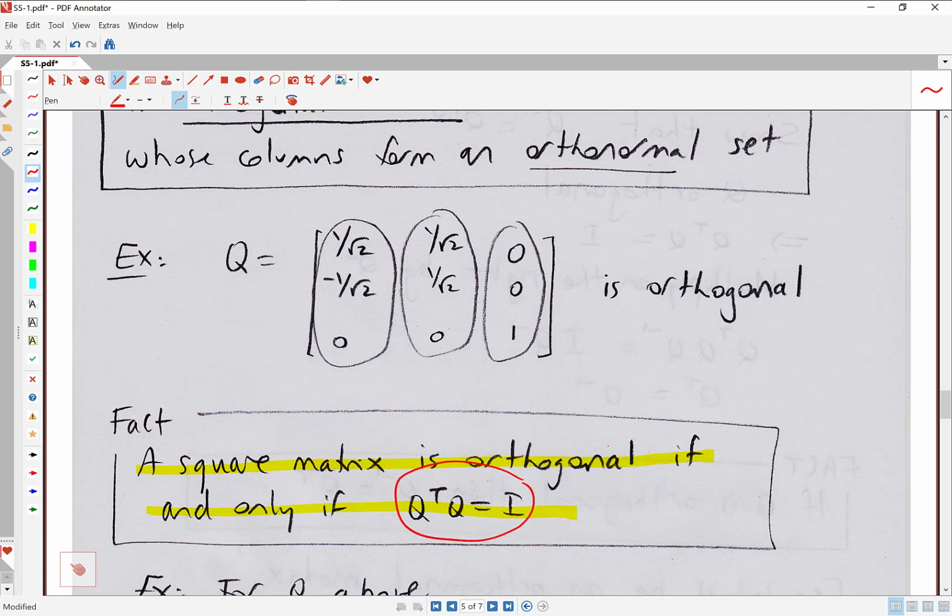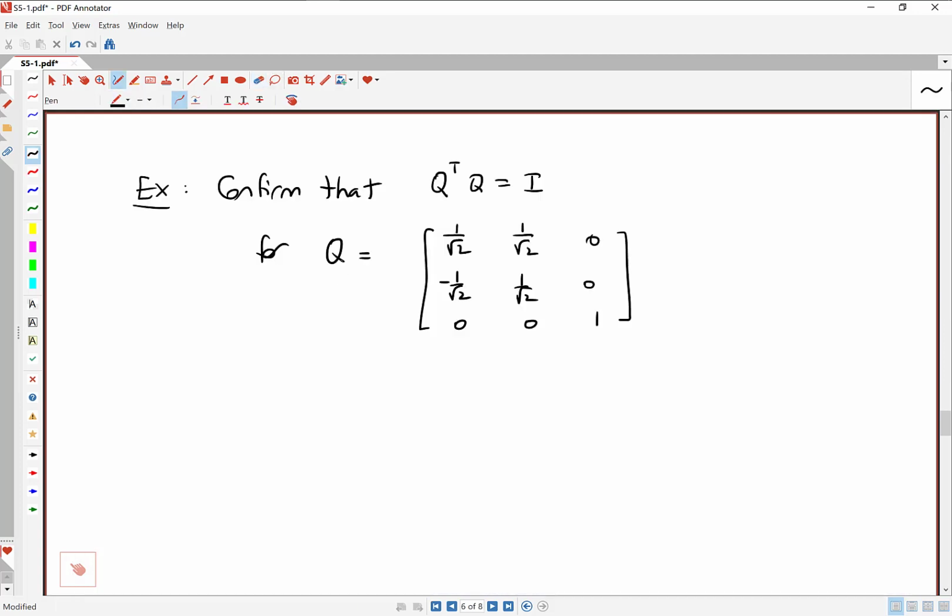And conversely, if we know that our matrix is orthogonal, then we know that this equation is true. So let's do a quick example to understand why Q transpose Q equals I really encodes the idea that the matrix is orthogonal. Here's that same matrix Q that we were looking at a minute ago, and let's confirm that it does satisfy the equation Q transpose Q equals I.